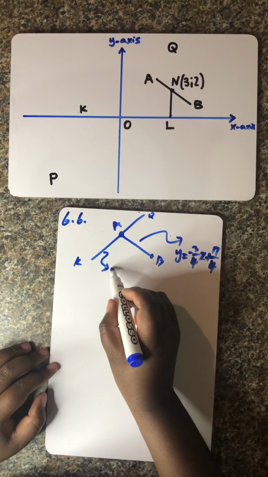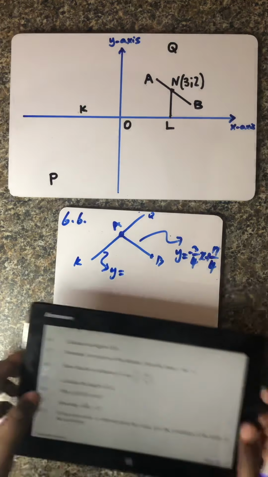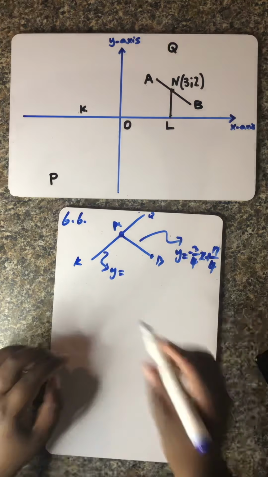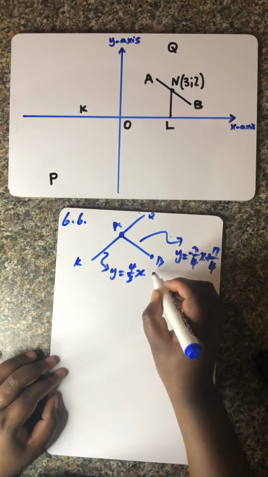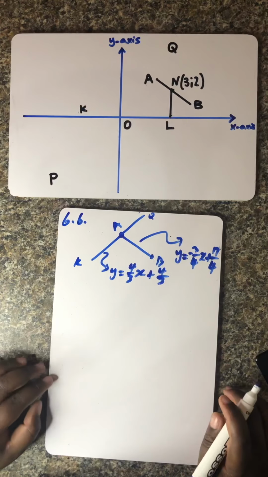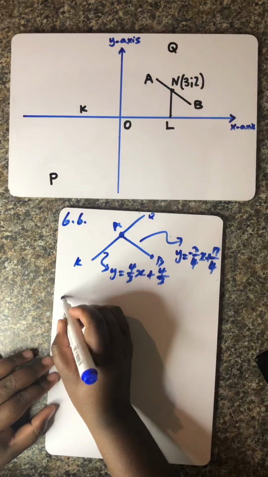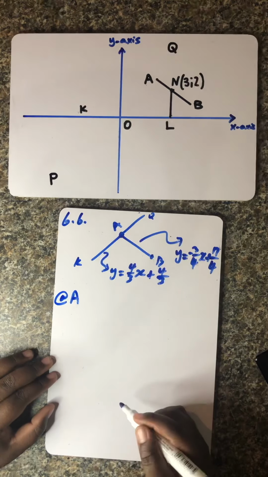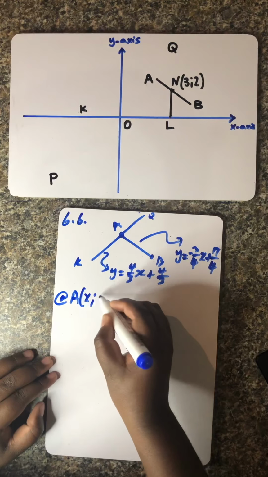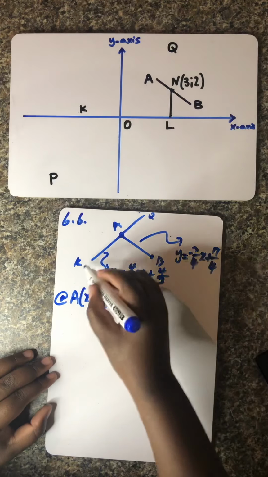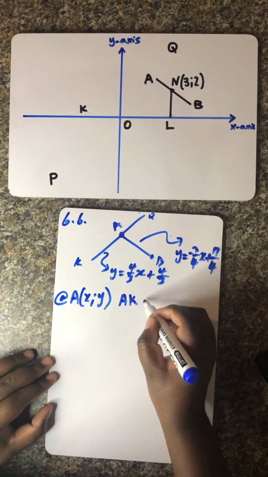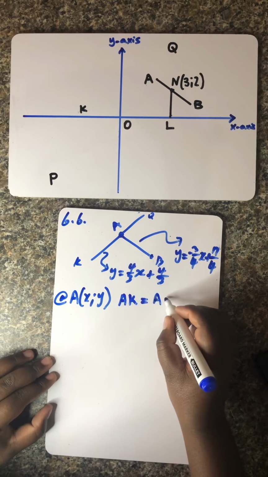And remember, we're given the equation of this one, which was y equals, let me quickly check, 4/3x plus 4/3. So in simple terms, ladies and gentlemen, we just equate those two, because at point A we're trying to calculate the x value of A and the y value of A. And we know at that point, straight line AK is equal to straight line AB.